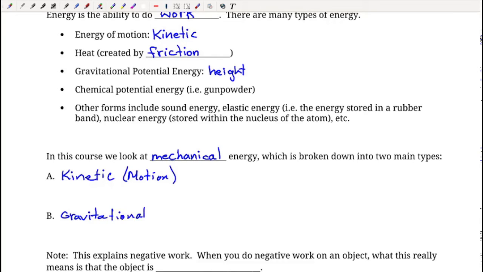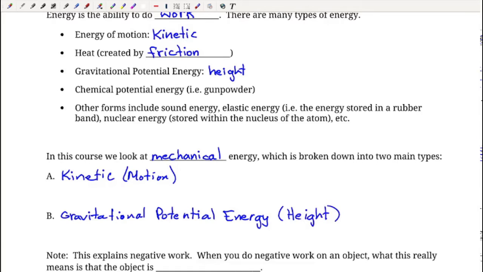So we're not going to look at all potential energy. We saw there were quite a few different kinds of potential energy. We're going to look specifically at gravitational potential energy. And it's actually pretty straightforward. So that's due to height above the earth.